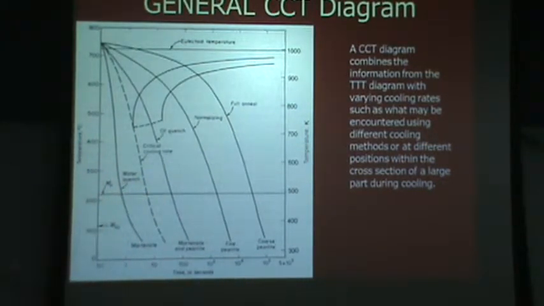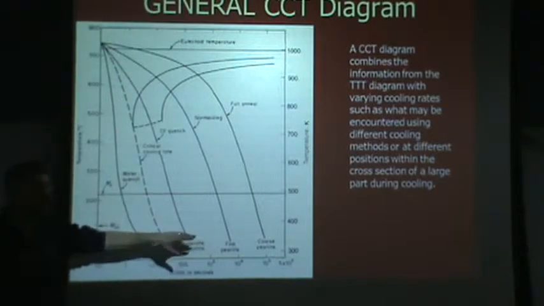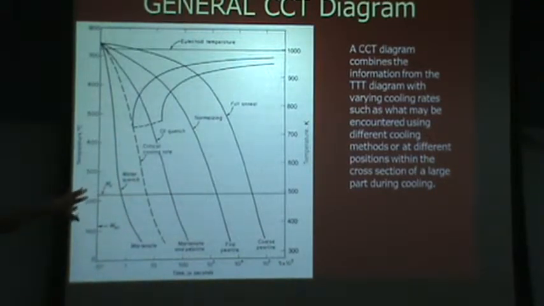So, widely differing cooling rates, and they give you just a generic idea of the kind of structures you might get. Again, this is just a generic example. We're going to show you some specific examples for particular alloys in a minute. Again, just like with our TTT diagram, this is time on a logarithmic scale.